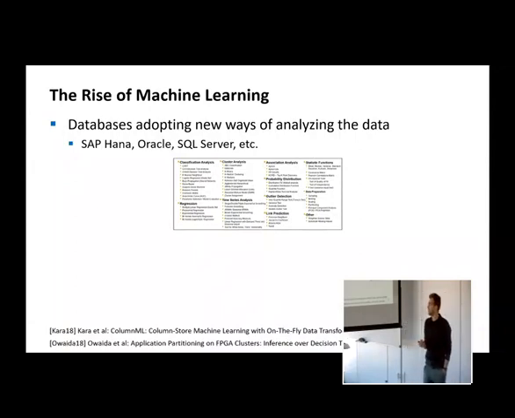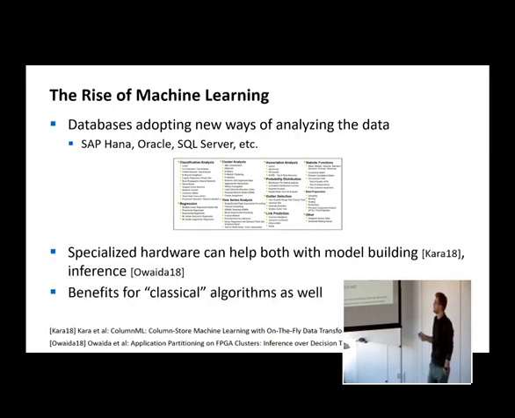So this kind of brings a lot of compute-intensive operations into the database, which you can accelerate. And here I'm just highlighting two projects from people back at ETH, where they show that you can actually use FPGAs in kind of novel ways, both for building models inside the database.